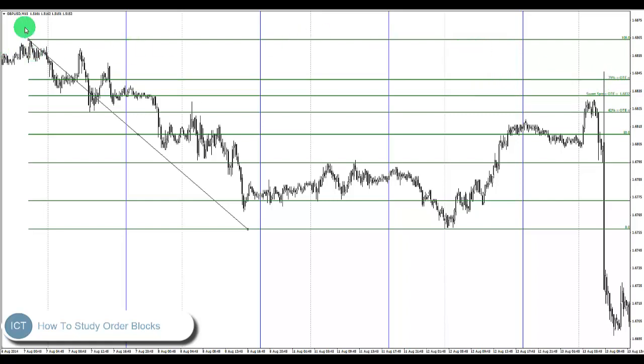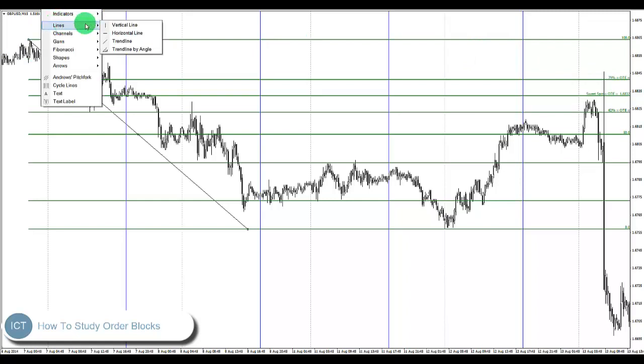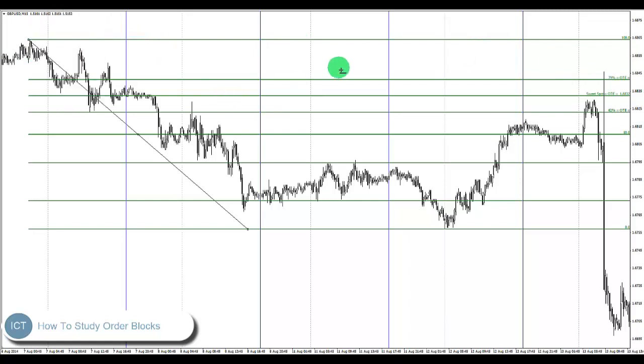Is that what that is? Yeah, 168.42. Round it to a round number, 68.40. That should be a good entry, and it's still very close in proximity to the low of that particular bullish candle, which is a bearish order block.